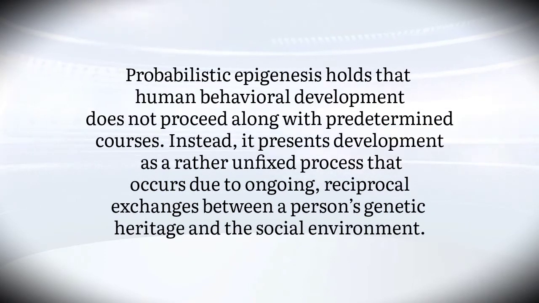Probabilistic epigenesis holds that human behavioral development does not proceed along predetermined courses. Instead, it presents development as a rather unfixed process that occurs due to ongoing, reciprocal exchanges between a person's genetic heritage and the social environment.